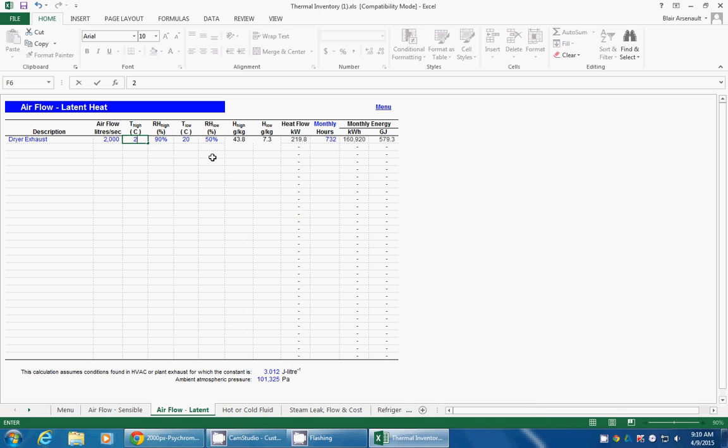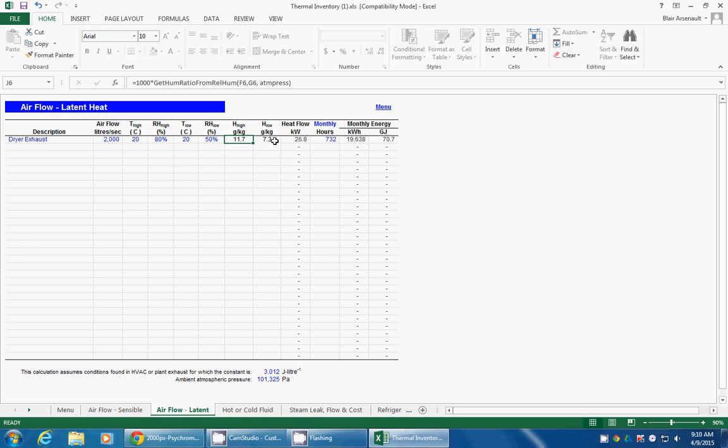So we said 20 degrees and 80% and 11.7. Now that's grams, so just multiply by 1,000. I said 0.012. Theirs is a little more accurate. They've got 0.0117.